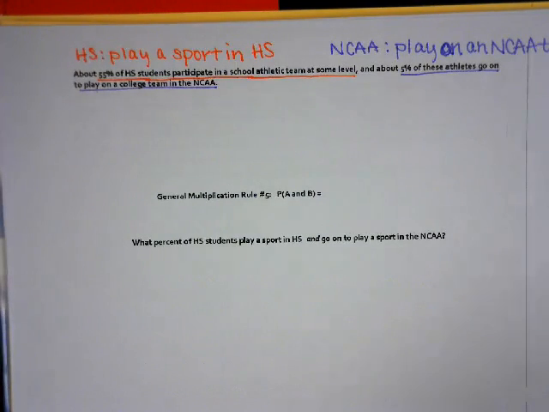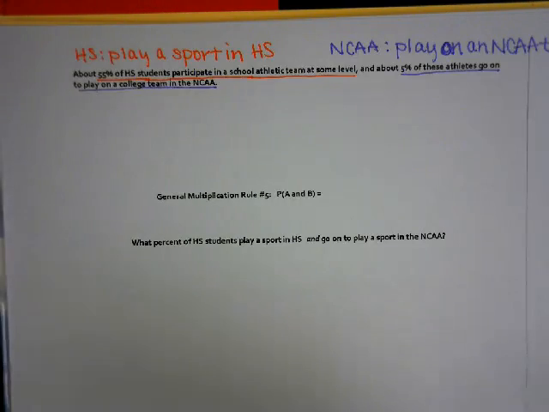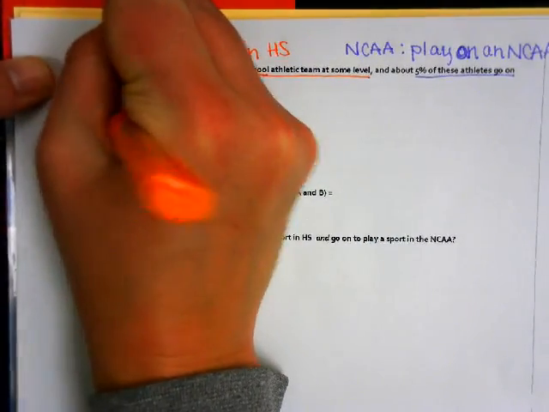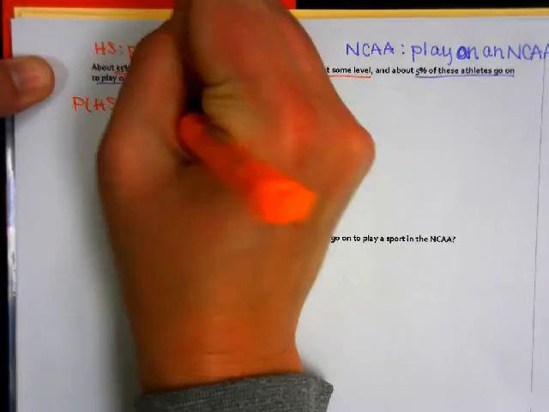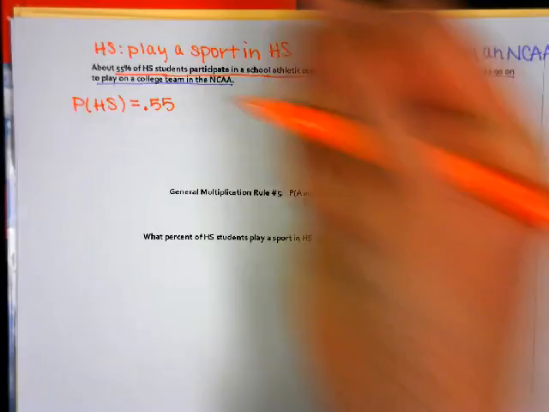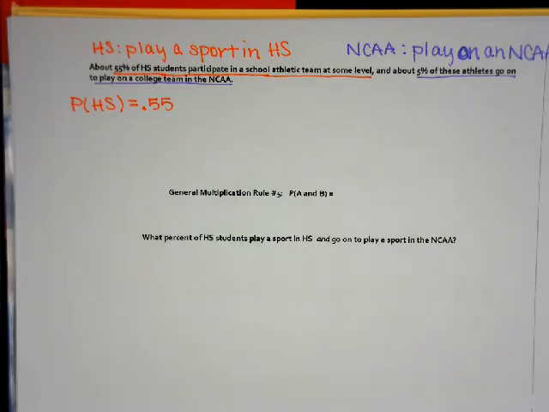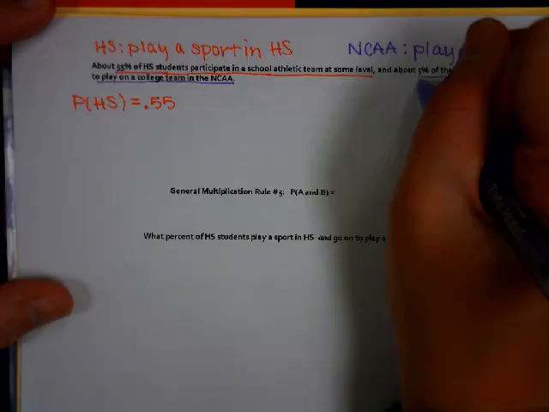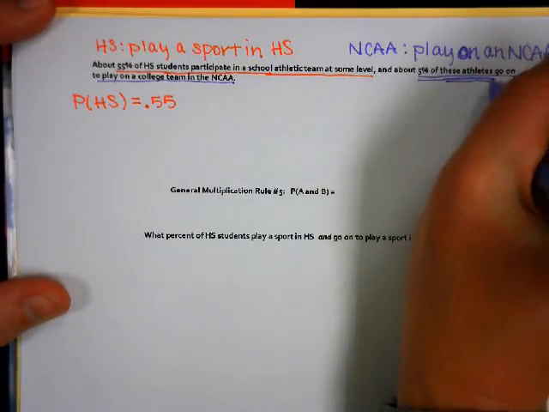So the first phrase I underlined just tells us the probability that a student plays a sport in high school. So the probability that a kid plays a sport in high school is 0.55. The other underline says 5% of these athletes go on to play on a college team in the NCAA. 5% of these athletes, meaning athletes who played in high school.